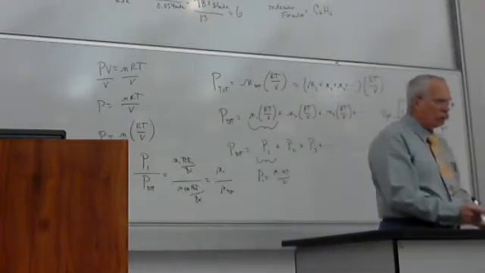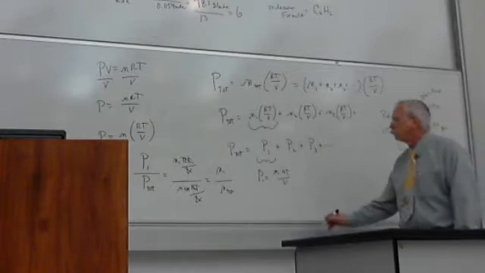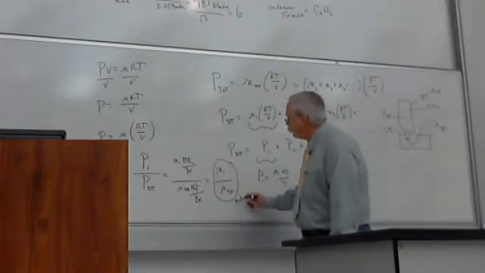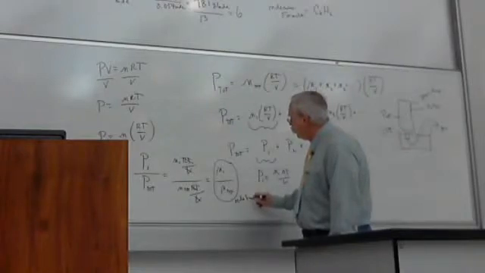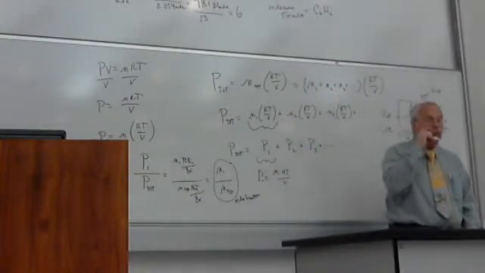And this is known as mole fraction. This ratio right here is known as the mole fraction. And it's simply the number of moles over the total number of moles.